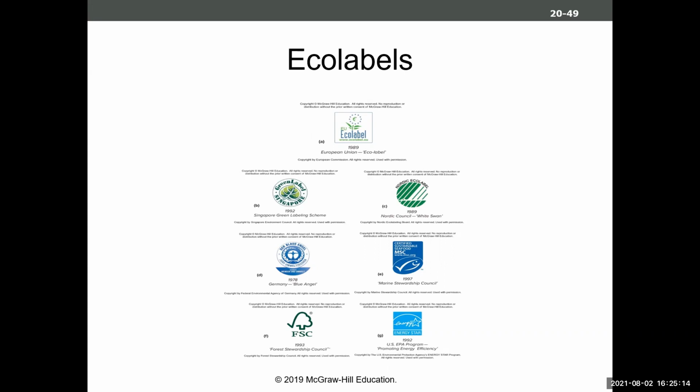You can compare how much energy one appliance is using compared to another one, and decide which washer you want to use, or which refrigerator is going to save the most energy and be more environmentally friendly, etc. And so you have lots of different eco labels related to that.